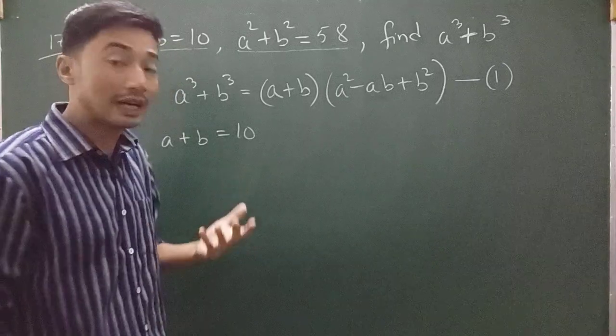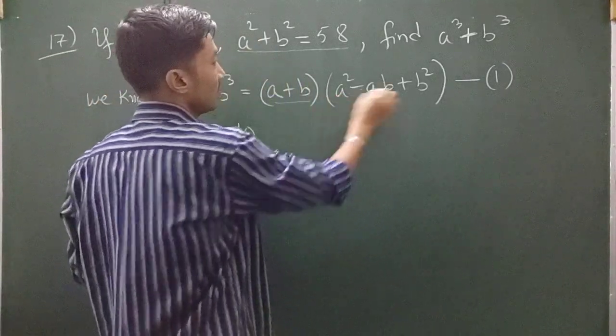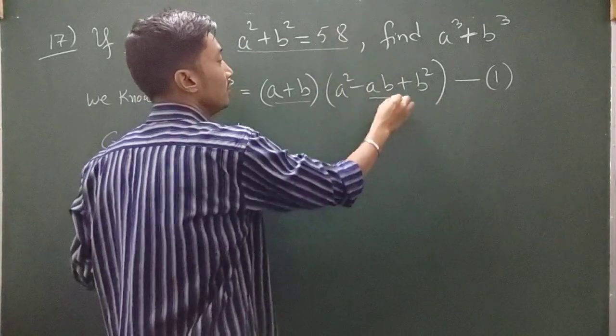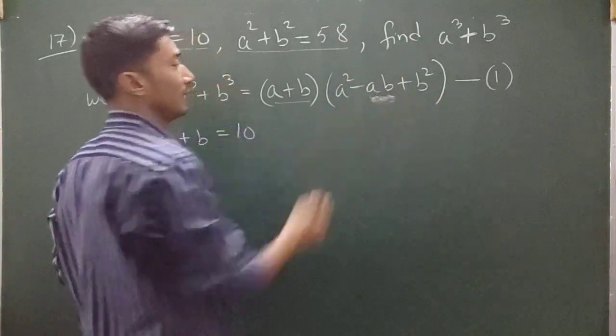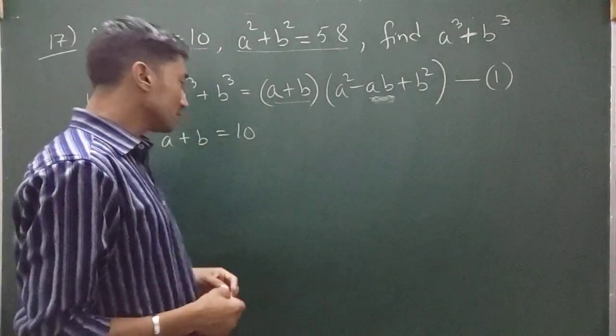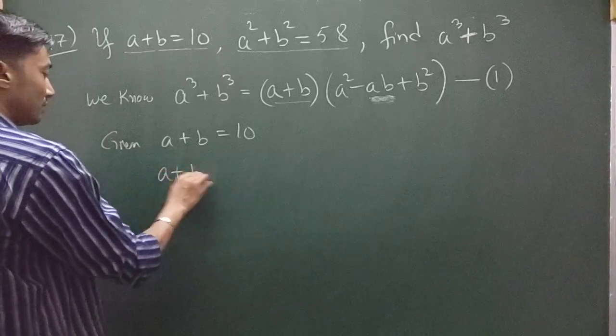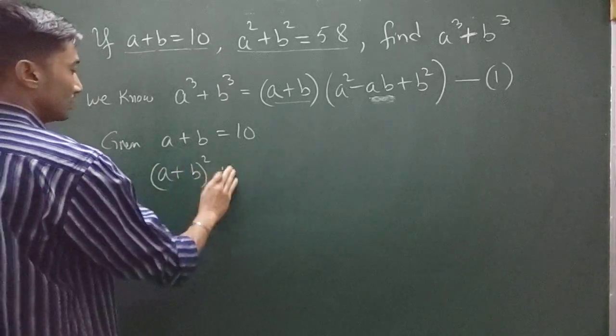I will be trying to see, a plus b value we already have, a squared plus b squared also we already have. So I will be trying to find out the value of a into b. Now what I can do is square both sides of this given equation.